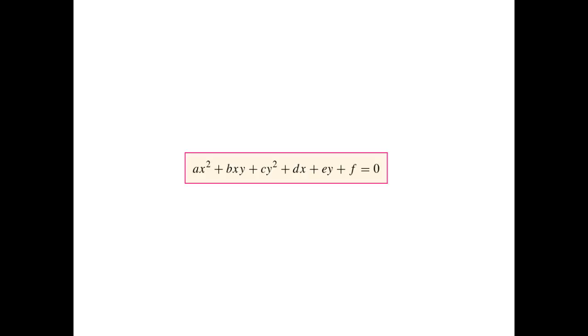When you have these cross terms, that means your axis is rotated in some form. The x and y terms translate, and the cross terms rotate your axis.